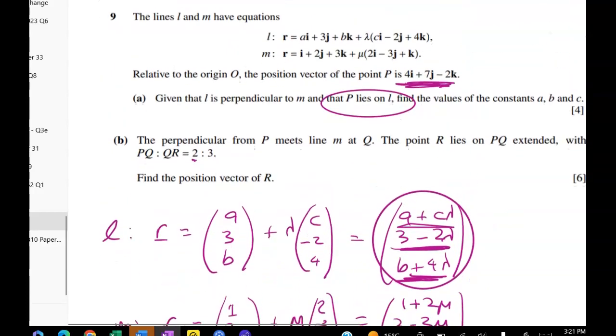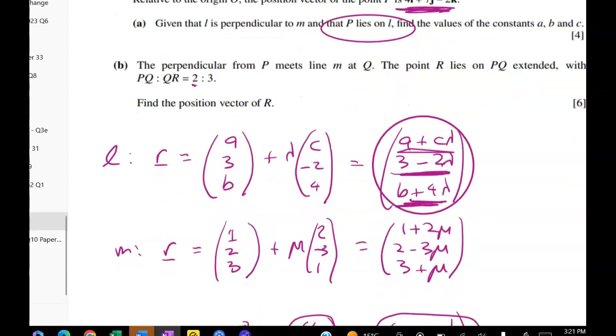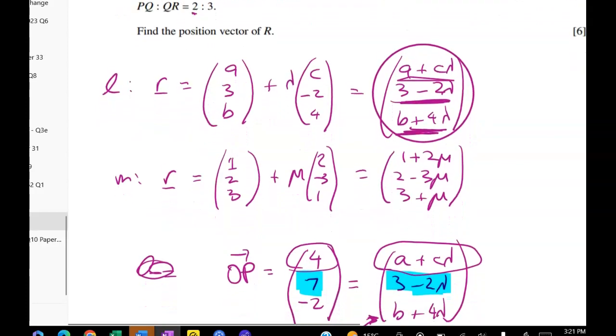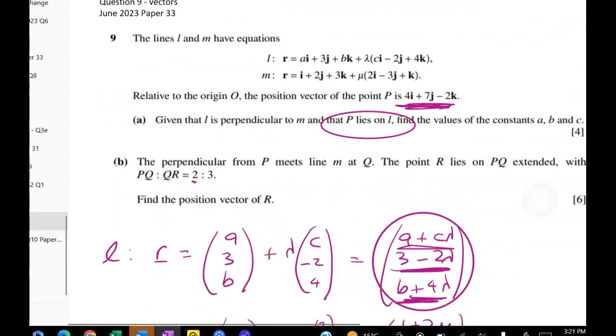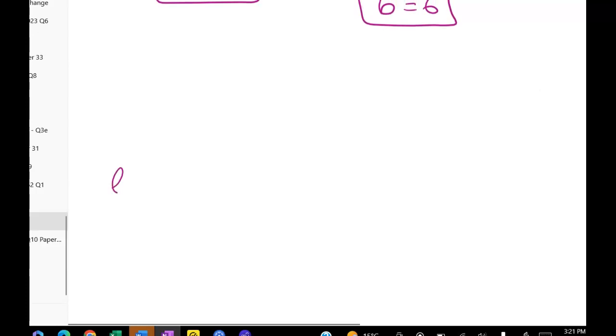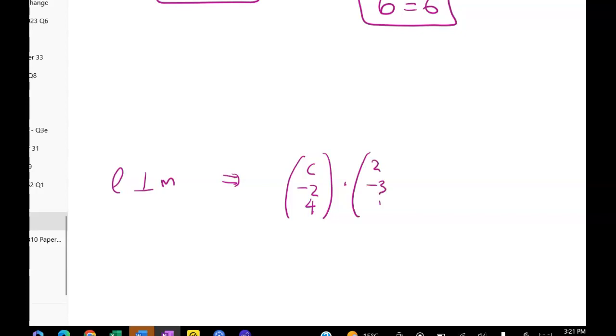So the next fact that I have to use is that L is perpendicular to M. Because these two lines are perpendicular, their direction vectors are going to have a dot product of 0. So the direction vectors of the two lines are going to be (C, -2, 4) and (2, -3, 1). I'm going to put a bit more working in for this.